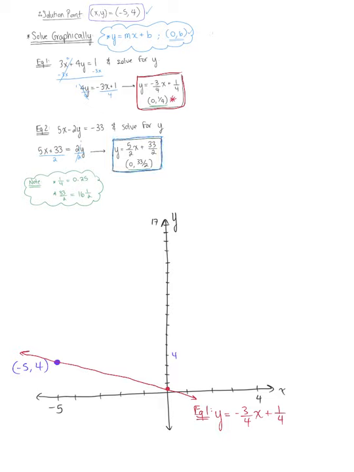And now doing the same thing with our second equation, equation 2, we're making a note that it has a y-intercept at 33 halves, or 16.5. So right about there. So that is the ordered pair 0, 33 halves.